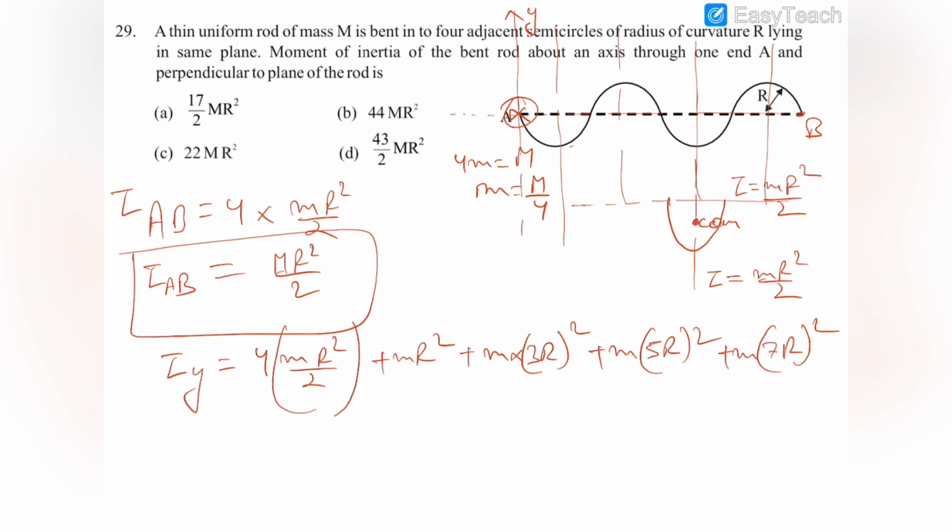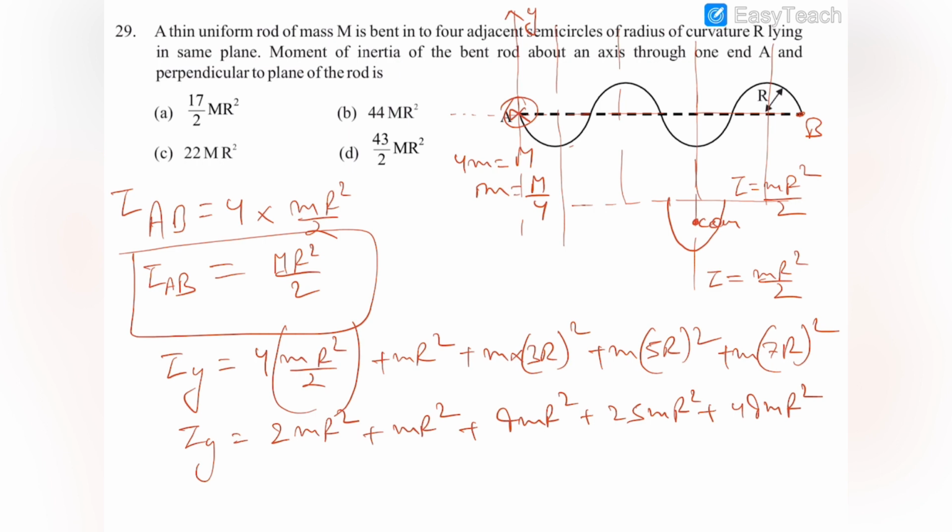Okay, so this is the moment of inertia of this complete ring, and Iy would be equal to 2mr square plus mr square plus 9mr square, 25mr square, and 49mr square.